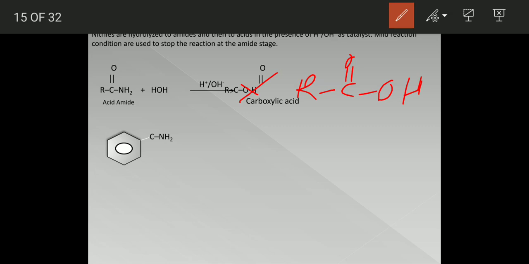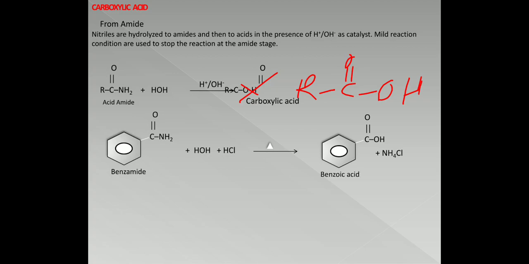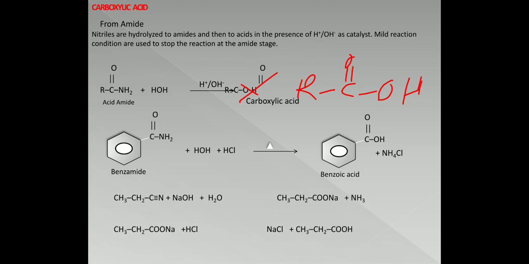Now see the other example, like benzamide, which on hydrolysis will convert into the product benzoic acid. So in this reaction, benzamide on hydrolysis gives benzoic acid.